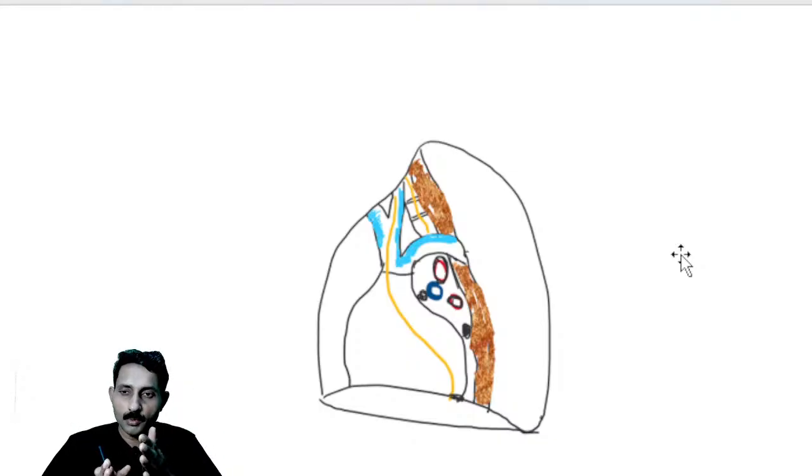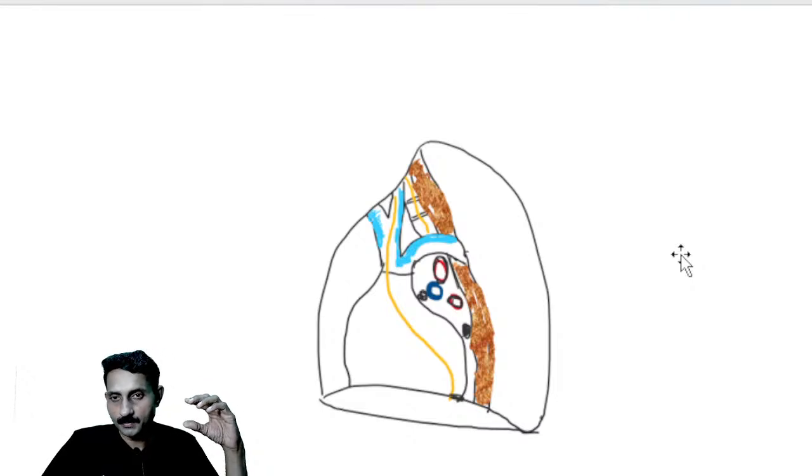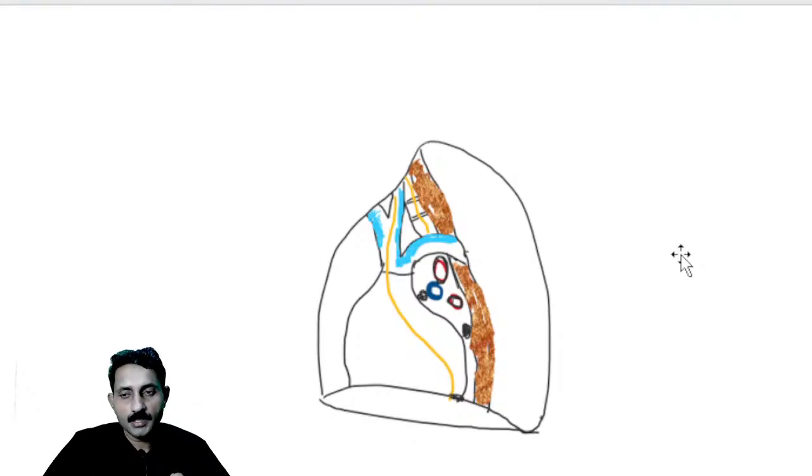It will form an impression on both lungs, especially in the upper part of the right lung. Then the esophagus will also form an impression. So regarding the heart and blood vessels, right atrium, superior vena cava, inferior vena cava, and two tubes, trachea and esophagus, these are the main parts that will form an impression on the right lung.